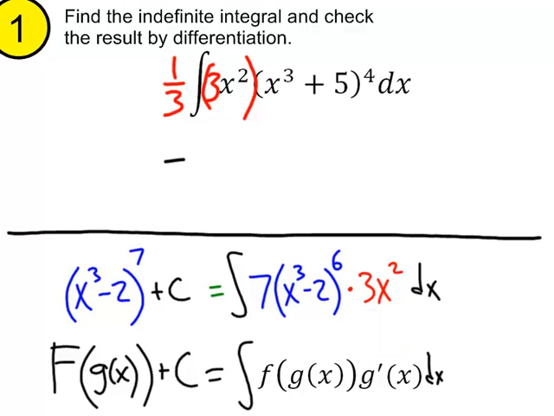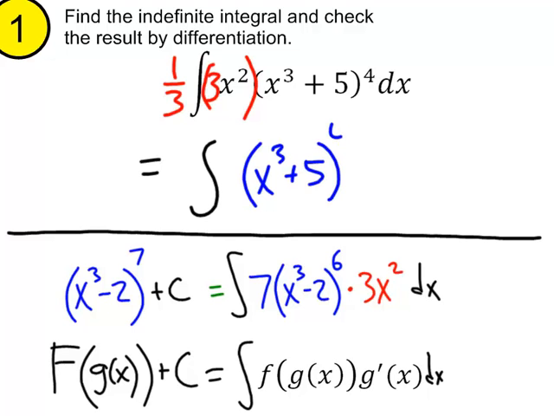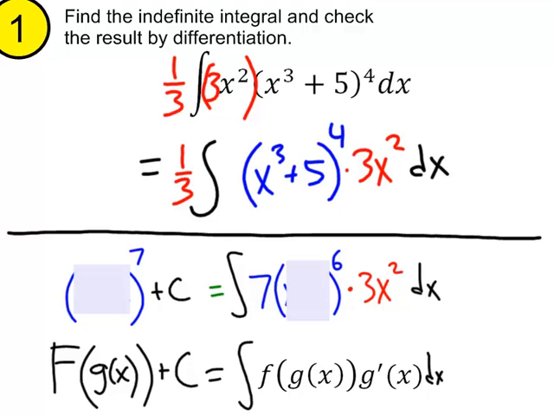So let's rewrite that as the integral of x cubed plus 5 to the 4th power times 3x squared, with the 1/3 on the outside and our dx at the end. And remember how it was the outer function, the 7 blank to the 6th power down here, that got anti-derived to give us blank to the 7th power over here.